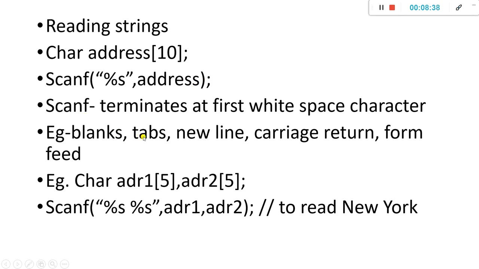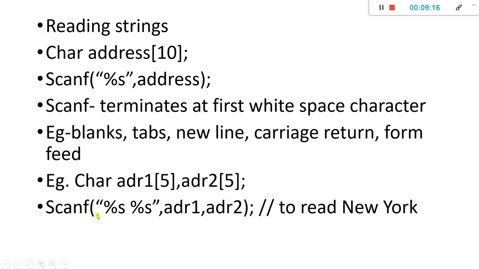So in order to read the words New York, since New York has two separate words, you will have to declare two character arrays as I have given here. You can see here character, first array name is ADR1, the size is 5, second array is ADR2, size 5. So I have declared two character arrays in order to store both the strings New and York in separate arrays.